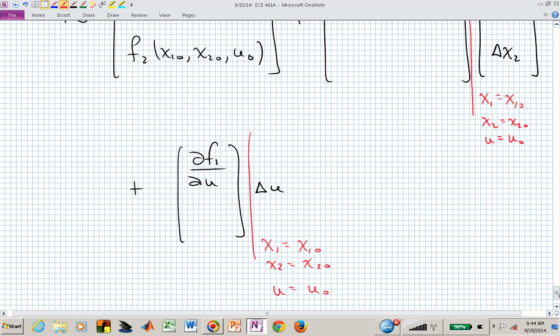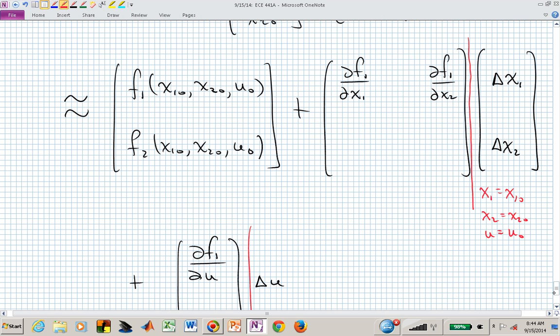So how do I fill in the bottom row of these two? What's going to be in the bottom row of the matrix that is scaled by our small variation in the state vector, delta x? So now the f2s are going to be involved, aren't they?